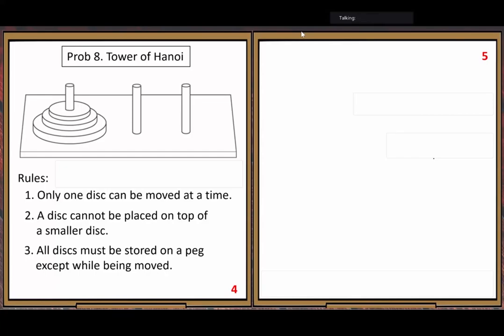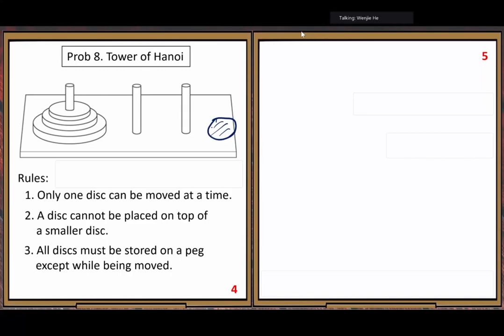This third rule means that when you move, you cannot just place your disk on the table. That's not allowed. Otherwise you would have a lot of space on the table to put disks temporarily, and then it's too easy, right? So the third rule does not allow you to place disks on other places.